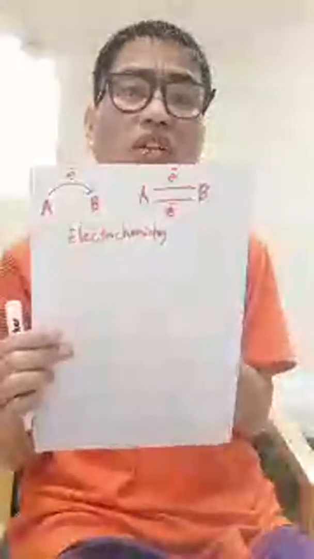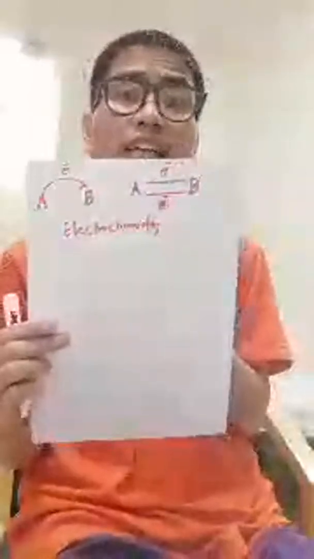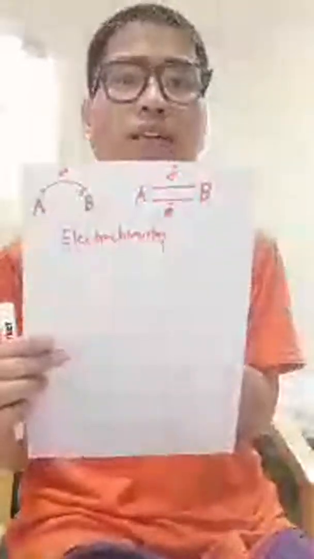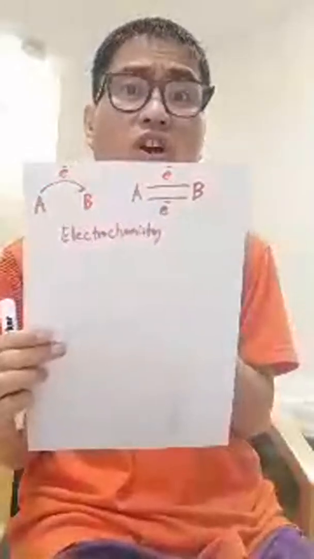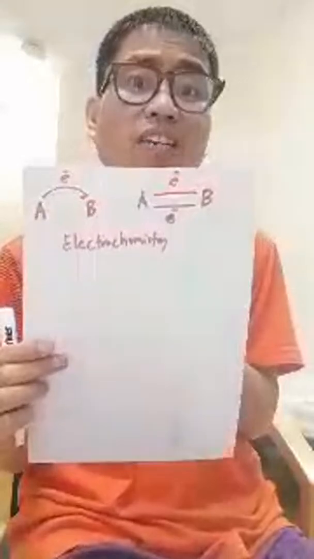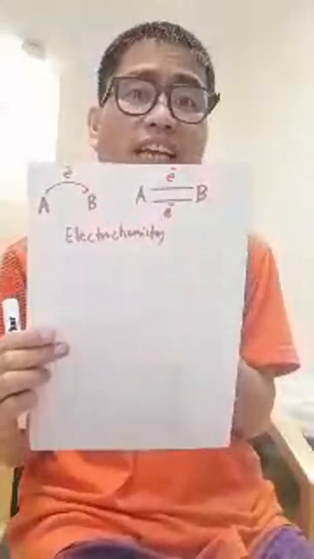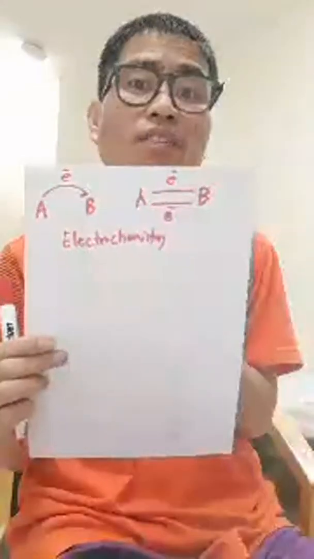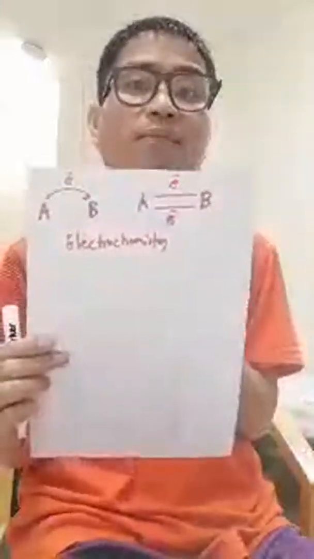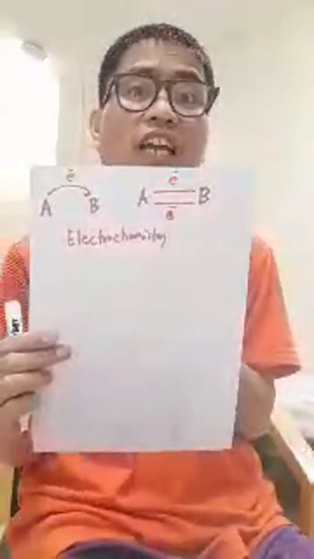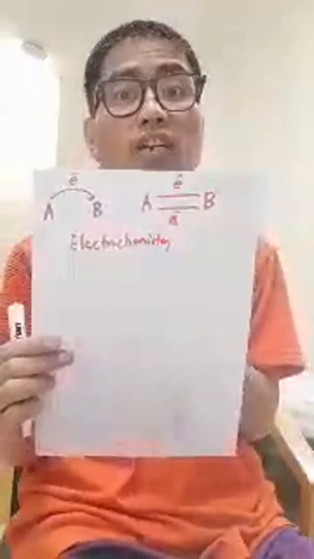In here, there will be a proper and smooth transfer, movement, or flow of electrons. If there is a flow of electrons, a transfer of electrons from one point to another through a path or a wire, then we have an electrical energy known as electricity.